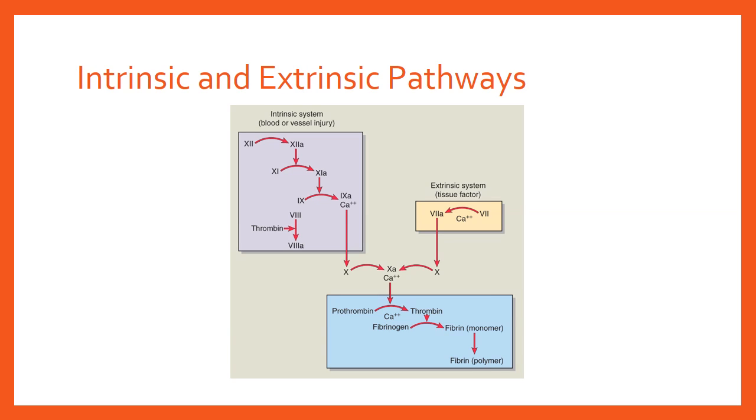So this is a description of the coagulation cascade with intrinsic and extrinsic flow. You see how certain factors, like factor 12, turn into factor 12A, which stimulates factor 11, which turns into 11A, and eventually this may result in formation of fibrin from fibrinogen.